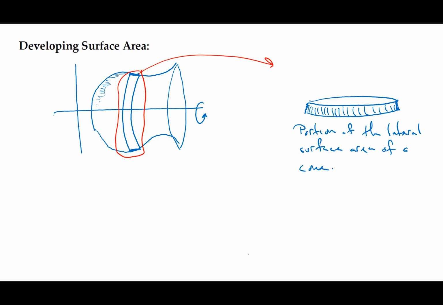I mean, if I were to extend this up this way and this way, I would have a cone shape. And so I've got this piece of a cone, and it's that lateral surface area that I actually want to find. So how do we do that? Well, let's take a little departure here and look at that piece of a cone and what we might be able to determine.